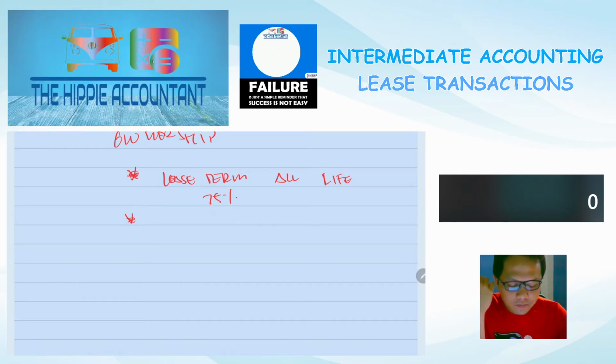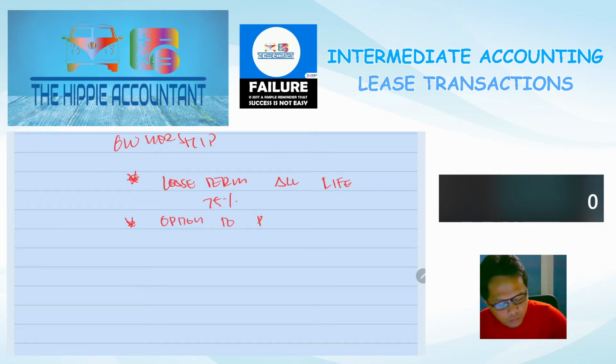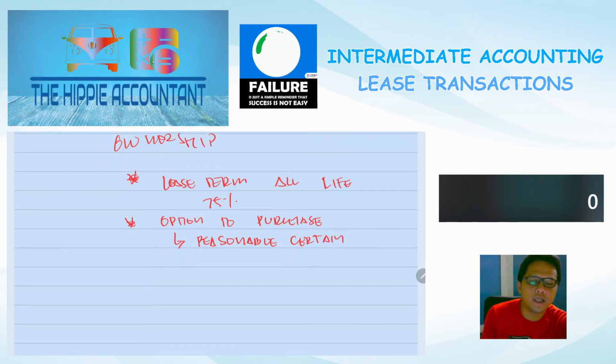Next, criteria on the part of the lessor. There is an option to purchase, which, kumbaga, there is a reasonable certainty na itong option to purchase is talagang i-exercise.